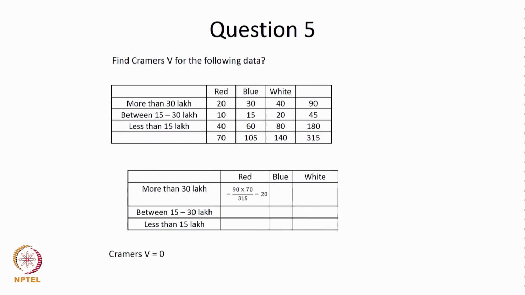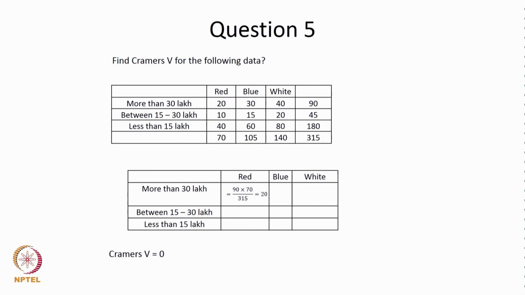Now, we looked at the last question: find the Cramer's V for the following data. Let us assume that red, blue and white are, for example, 3 colors of cars, and the other 3 here are people with income more than 30 lakhs, less than 15 lakhs, between 15 and 30 lakhs and so on.